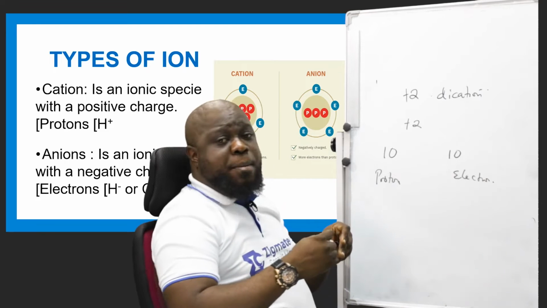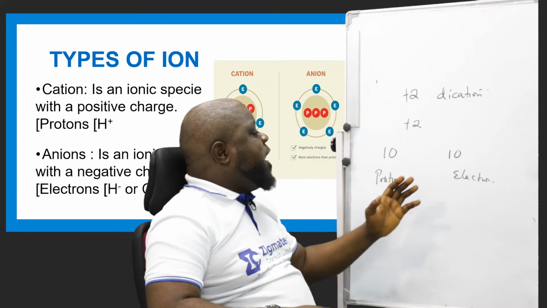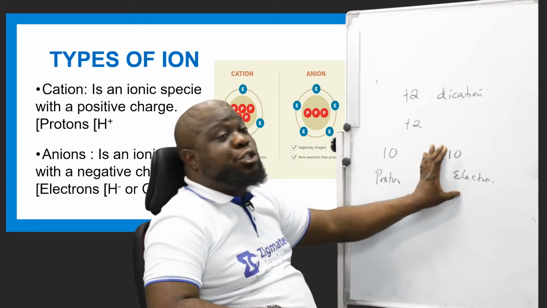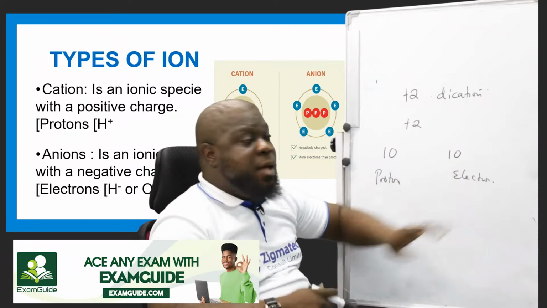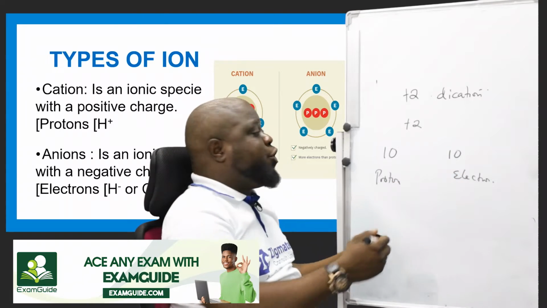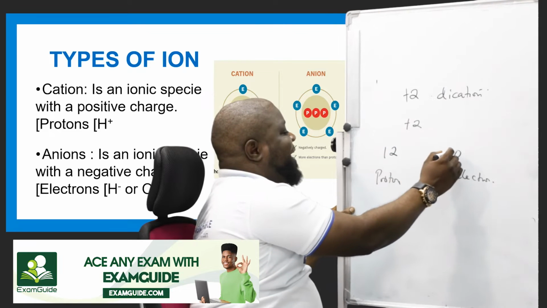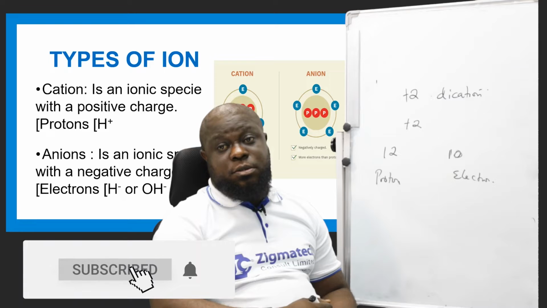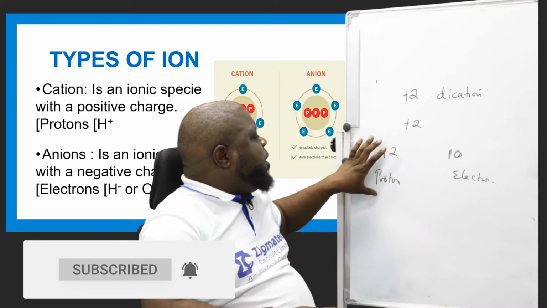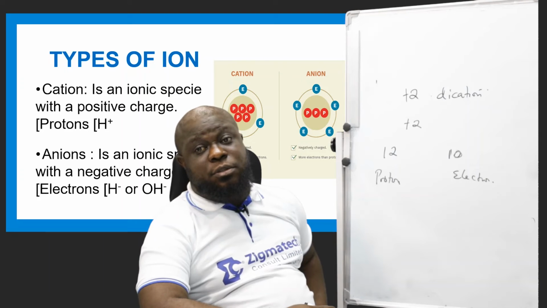This +2 means 2 electrons have been lost from the atom. It will now leave 12 protons and 10 electrons. In that context, the protons are now more than the electrons, and the atom will have a positive charge.